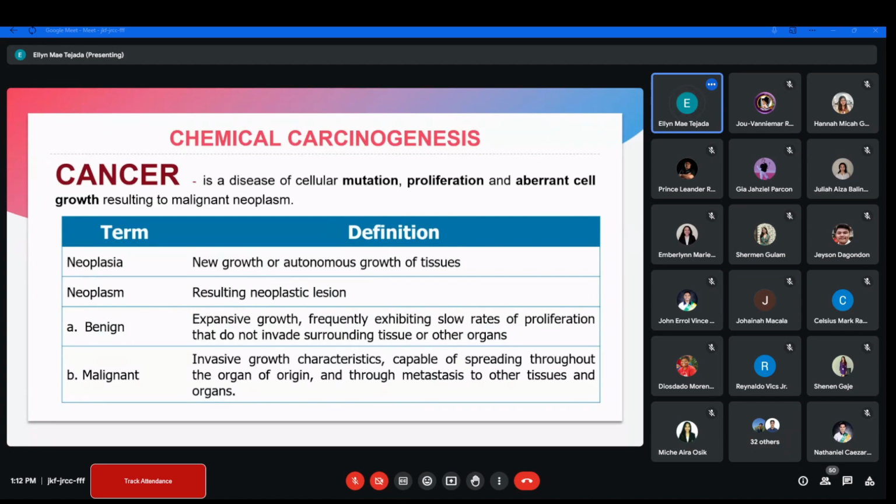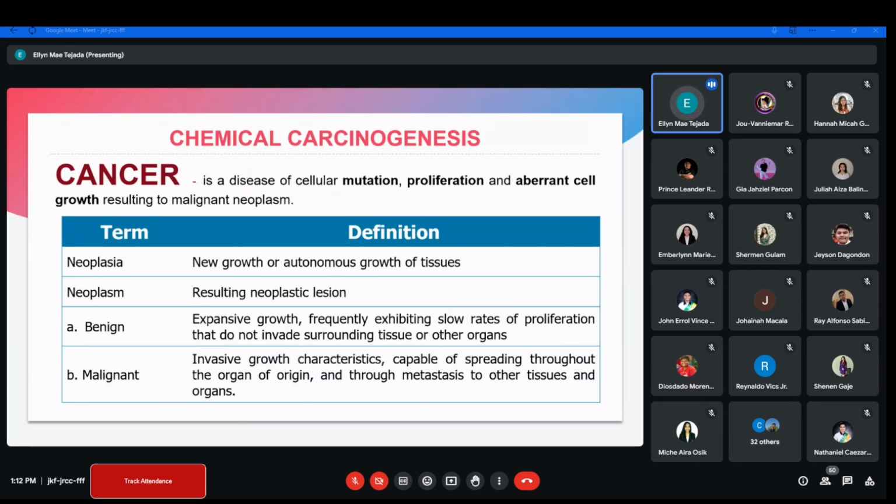Okay, go ahead. It is basic knowledge, ma'am, that when we say benign, it is a non-cancerous type of neoplasm, while malignant is the cancerous type of neoplasm. Okay, yeah. So in layman's terms, that is how we perceive the two categories of the neoplasm. Thank you very much for that, Ray.